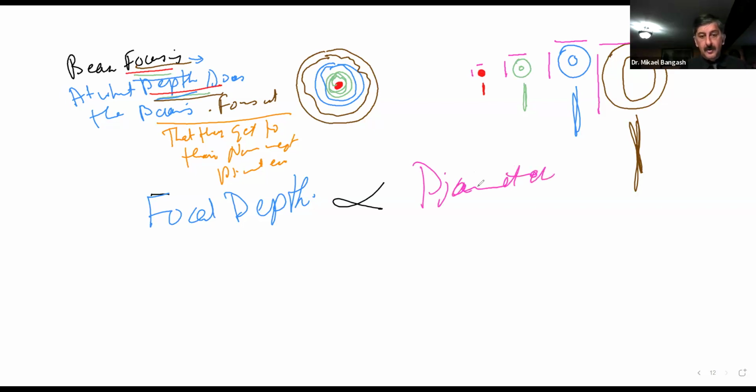Well, that's what the book said. But where I say diameter, or what? I elaborated that by saying it's the diameter of the PCT.